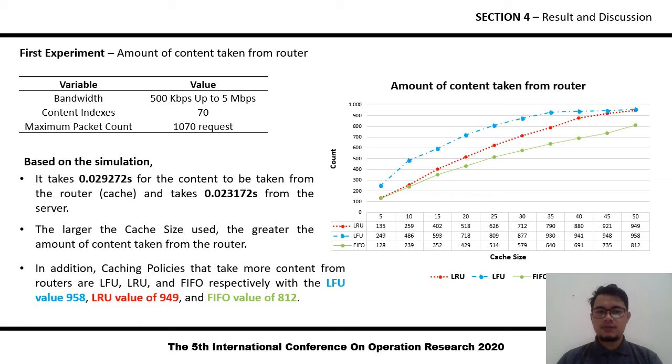In addition, the caching policies that take more content from the router are LFU, LRU, and then FIFO. The LFU can take content with 958, LRU with 949, and FIFO value is 812.